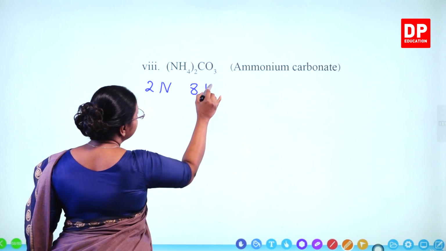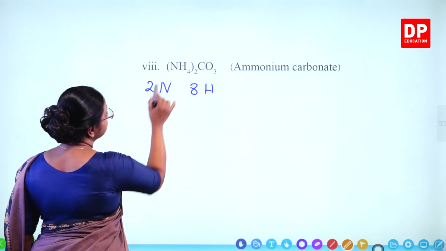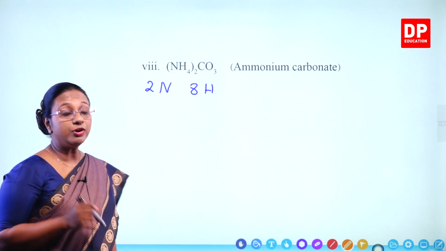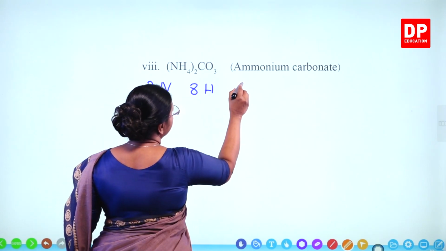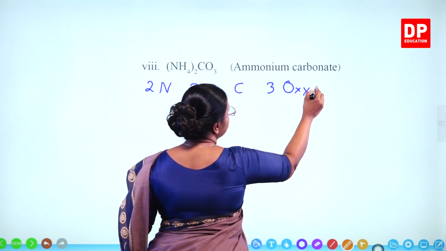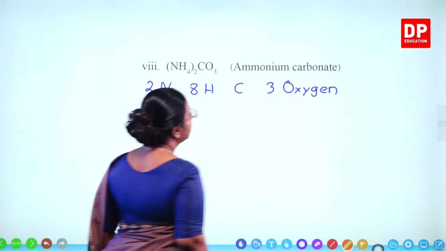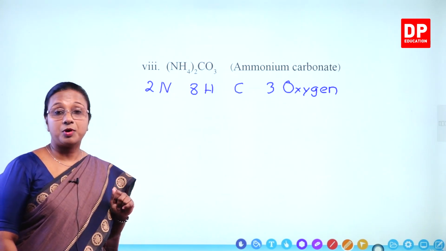There are 8 hydrogens. In one NH4, there are 4 hydrogens. Like that, there are 2 NH4 components. So, 8 hydrogens, 1 carbon and 3 oxygen atoms. So, those are the atoms present in that molecule.